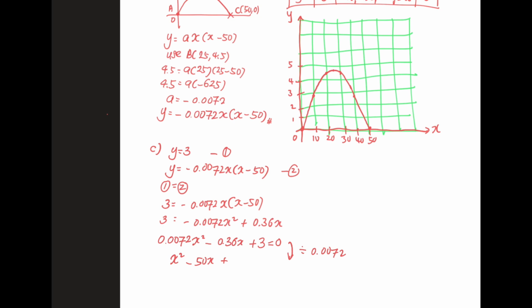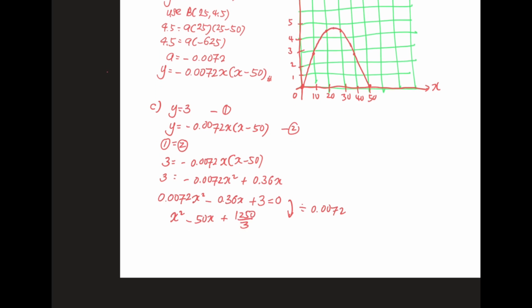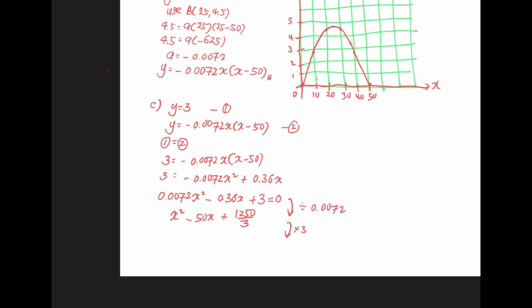I get 50x, and then 3 divided by 0.0072, I get 1250 over 3. Okay, now I times 3, I get 3x squared minus 150x plus 1250 equal to 0.